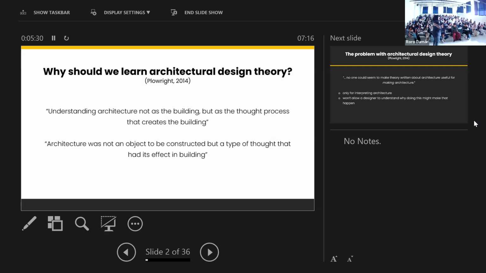Okay, so continue. Architecture was not an object to be constructed, but a type of thought that had its effect in building.